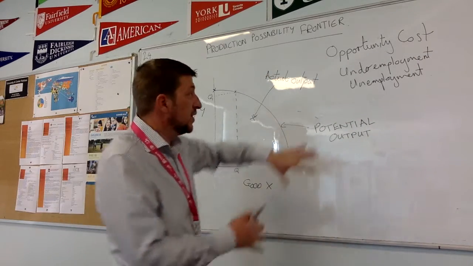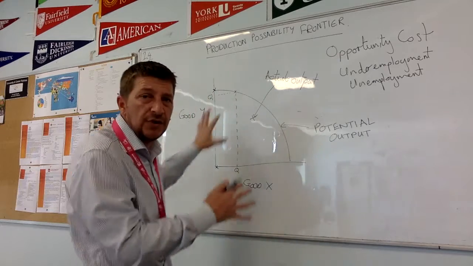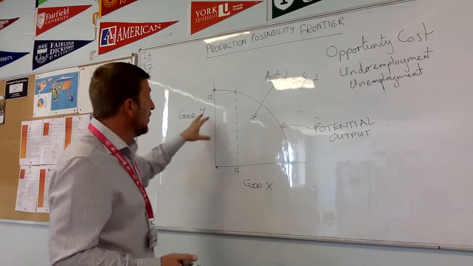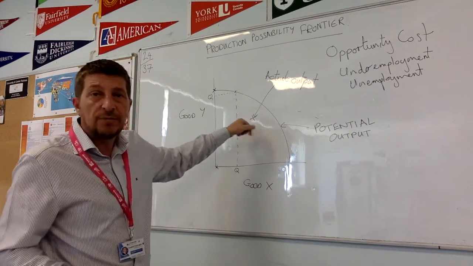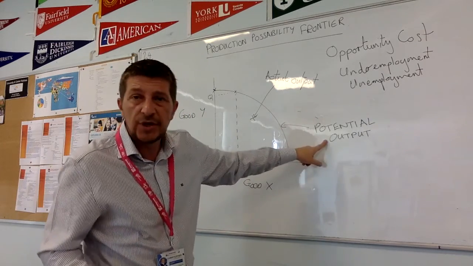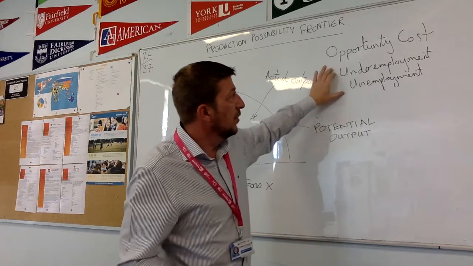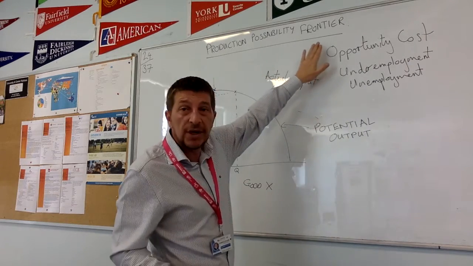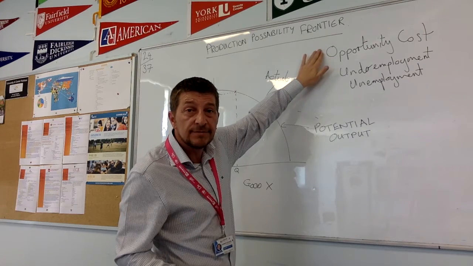Okay, so we're starting to get a bit of a good picture here, aren't we, about the general concepts where we look at actual output, we look at potential output, we look at unemployment or underemployment of resources. We can also calculate opportunity cost.